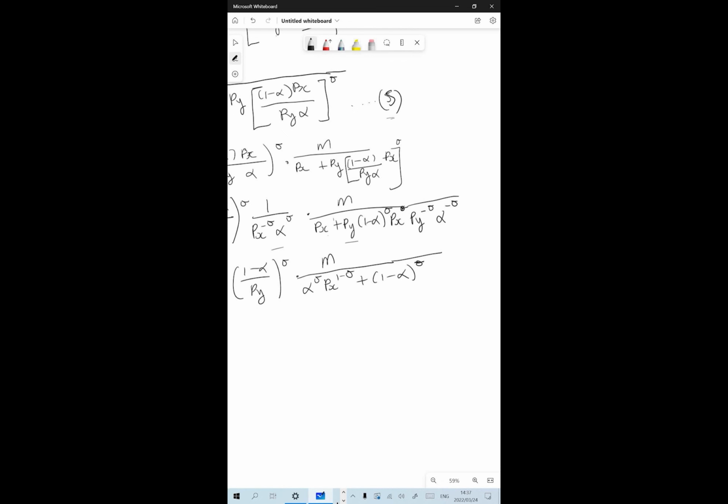And alpha will also cancel out, since we've got a negative alpha and a positive alpha. And we're left with the price of y to the 1 minus sigma.